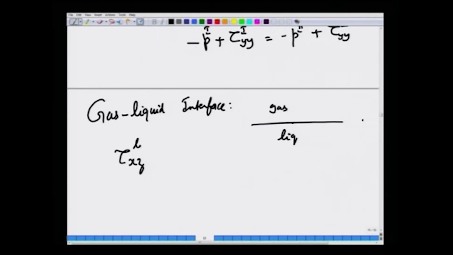So, we say that the shear stress of the liquid at the gas liquid interface is 0. This is called the free shear boundary condition.